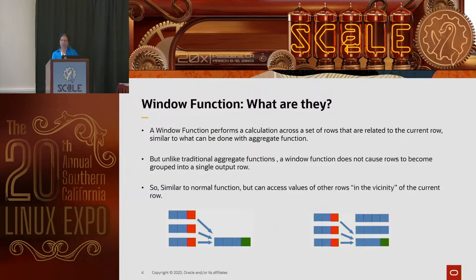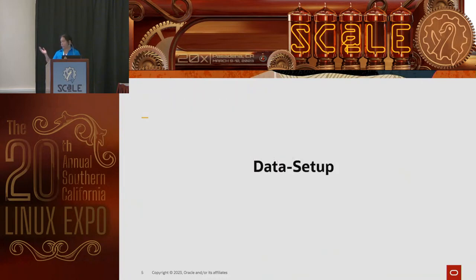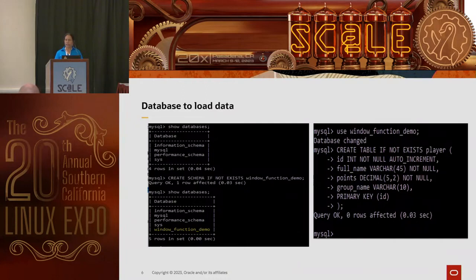For this presentation, I have to have some data set up. The data is from a small schema I created. I'm sorry that you cannot see it because of this screen and display.